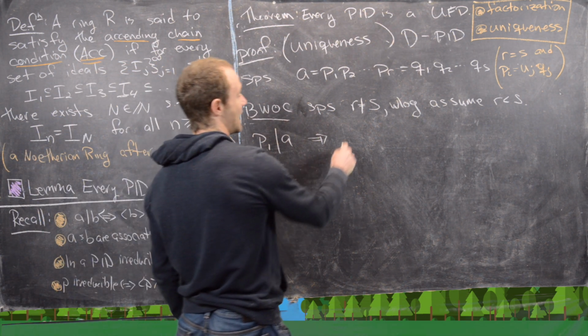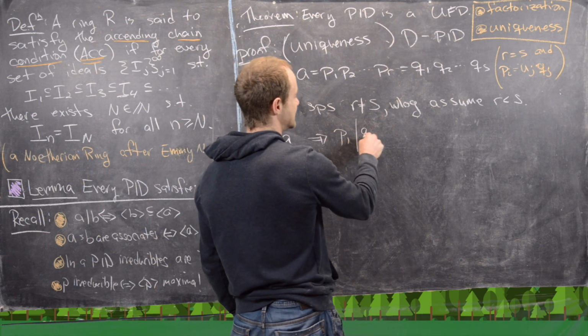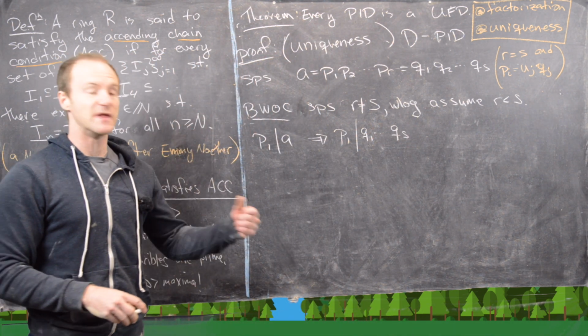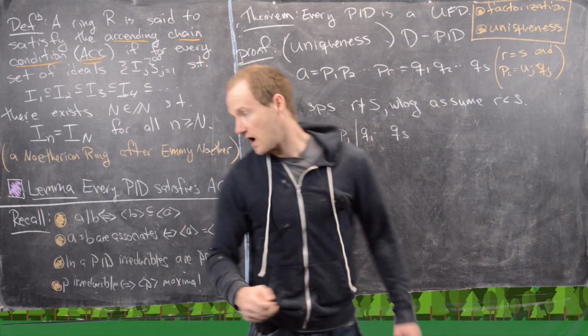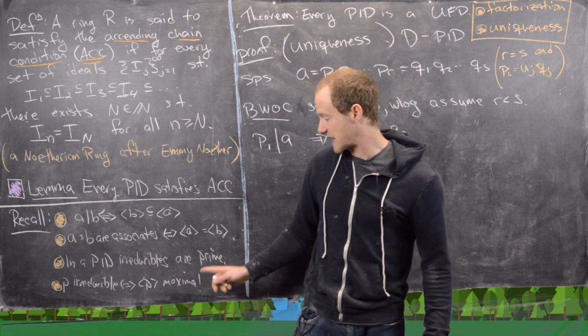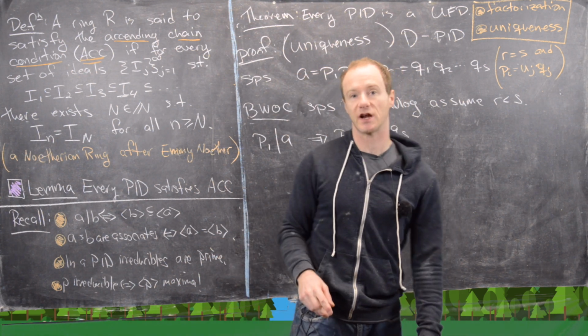But this implies that P1 divides Q1 up to QS. But inside a PID, being irreducible is the same thing as being prime. And so that's what we're going to use.